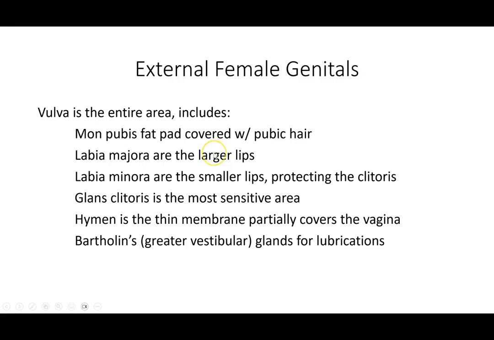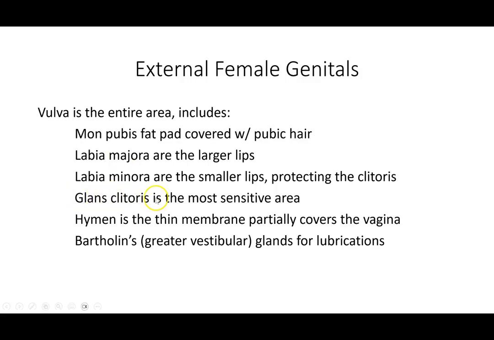There's a lot more actual skin tissue there rather than mucous membranes. And then the labia minora are going to be thinner. There's not a lot of fatty tissue in there, and they're more mucous membrane tissue than actual skin. But they're sometimes larger than the labia majora are. So there's a lot of variation naturally within the population.